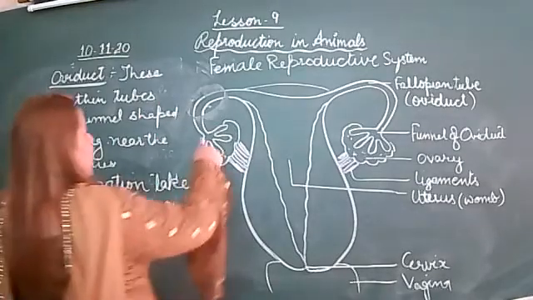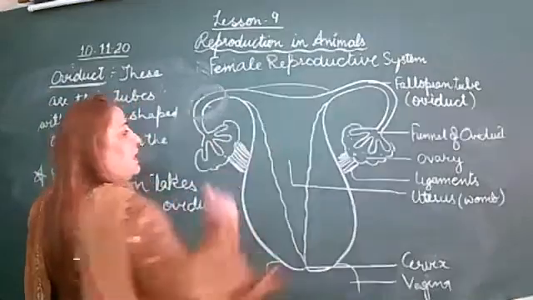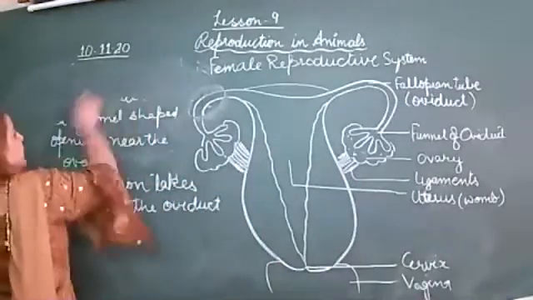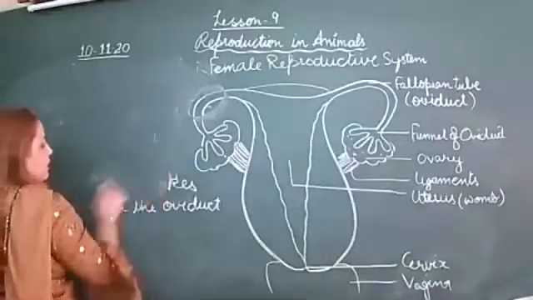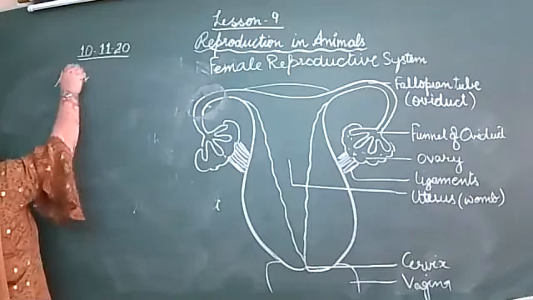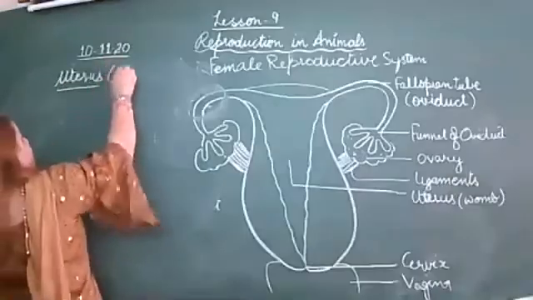Write down uterus or the womb. Now you can see this tube connected with the uterus. Write down the heading: uterus or womb.